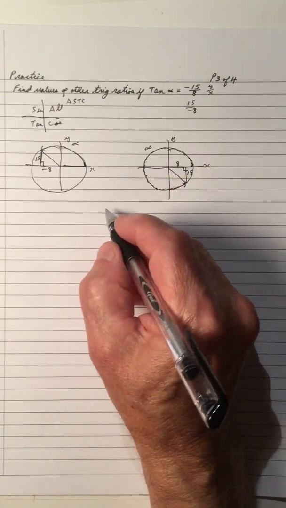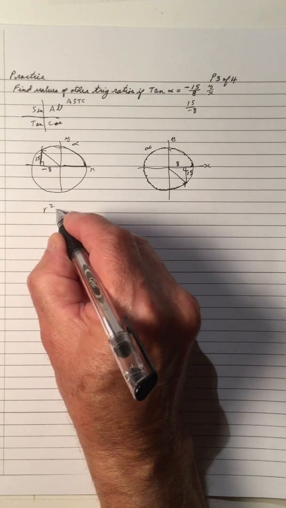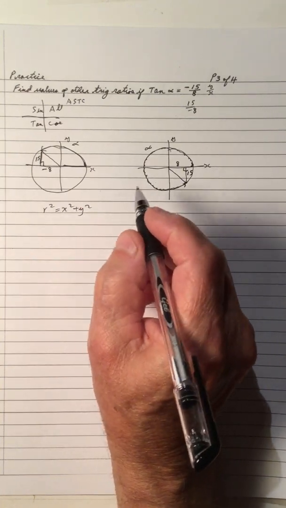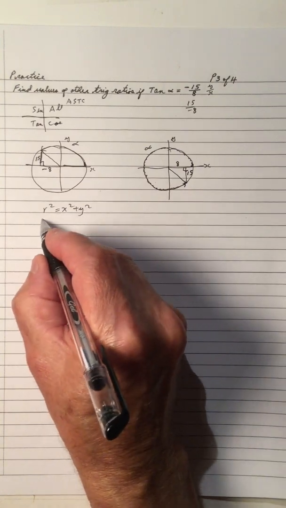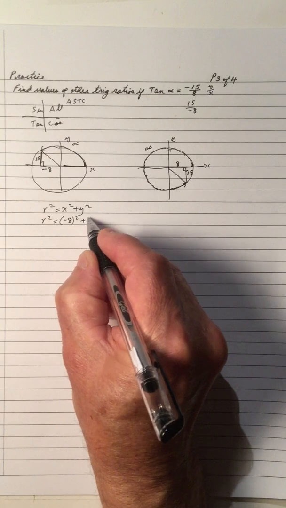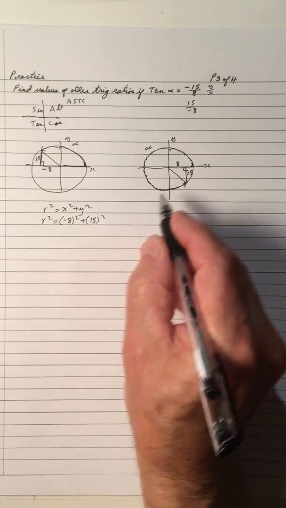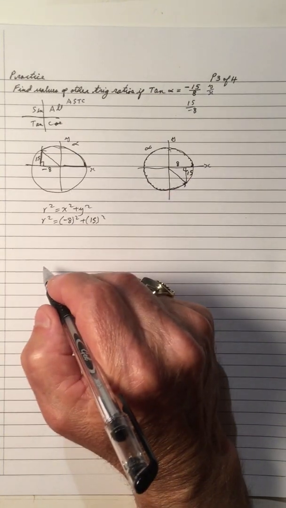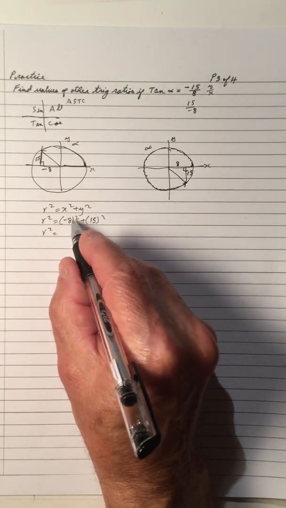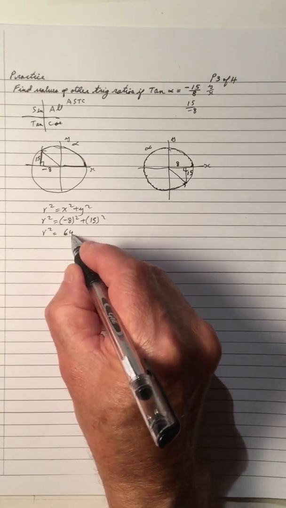And so now we go and work out the Pythagorean this time. It makes no difference which one you take, this one or this one, because if you use 8 or negative 8, you're still going to get 64.